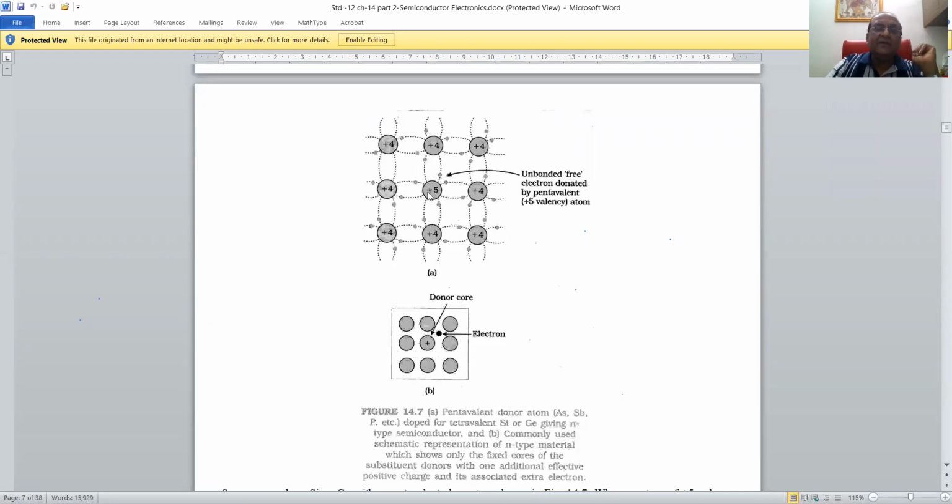And here when this impurity is added, this impurity gives one electron to the host. Means it donates one electron, therefore this type of impurity is called donor impurity. Clear? So in this way the n-type semiconductor is formed. Clear or any doubt in this one?